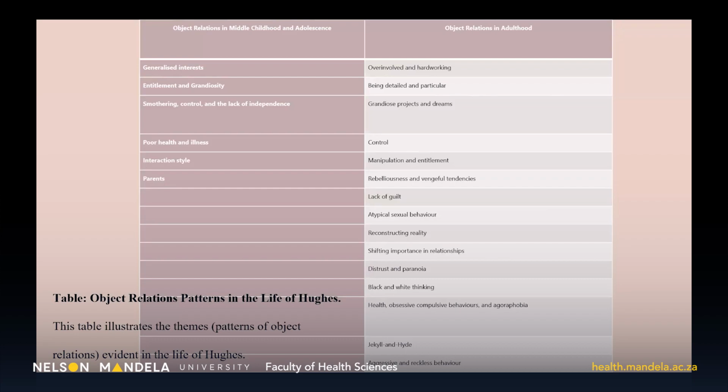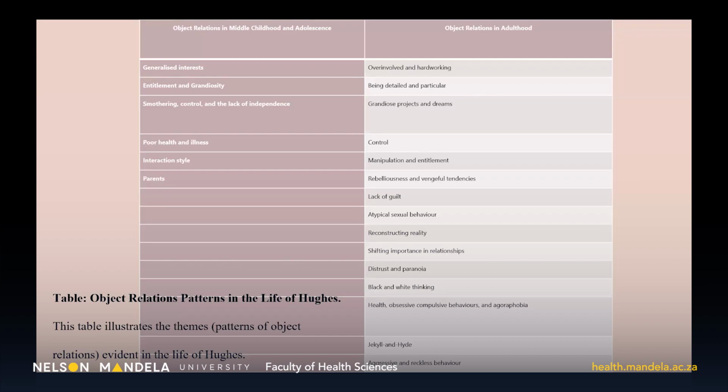So here, there were themes around what his generalized interests were, how we saw entitlement and grandiosity already when he was little, that smothering control and a lack of independence was particularly from his mom, how he had poor health and illness when he was little, what his interaction style was like, and generally what his parents were like.